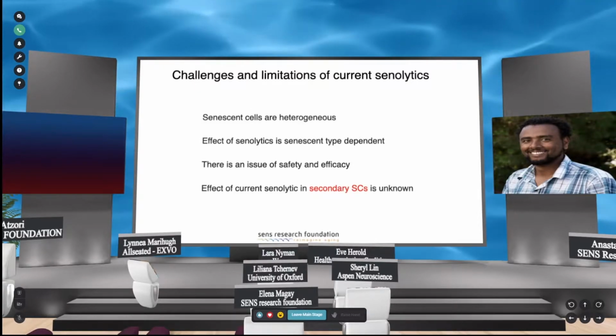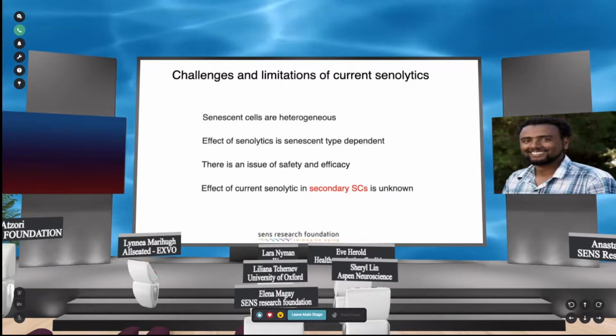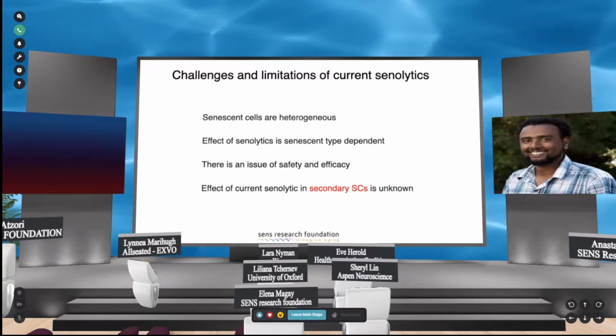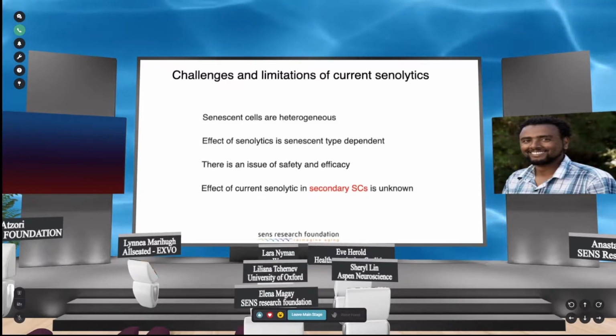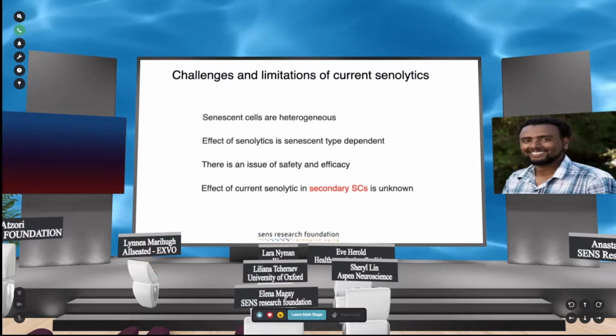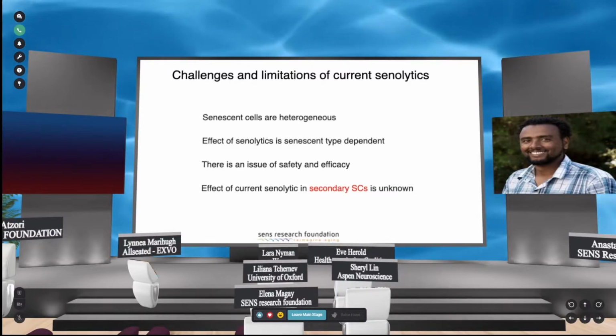And there is also some issue of the safety of the senolytics that have been in trial to date. And most importantly, and the main focus of today's talk, is that we know that secondary senescent cells are an important contributor to senescent cell accumulation.